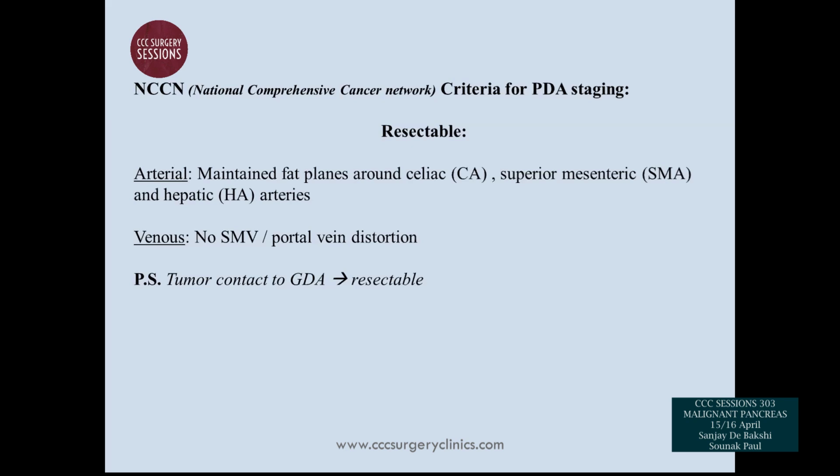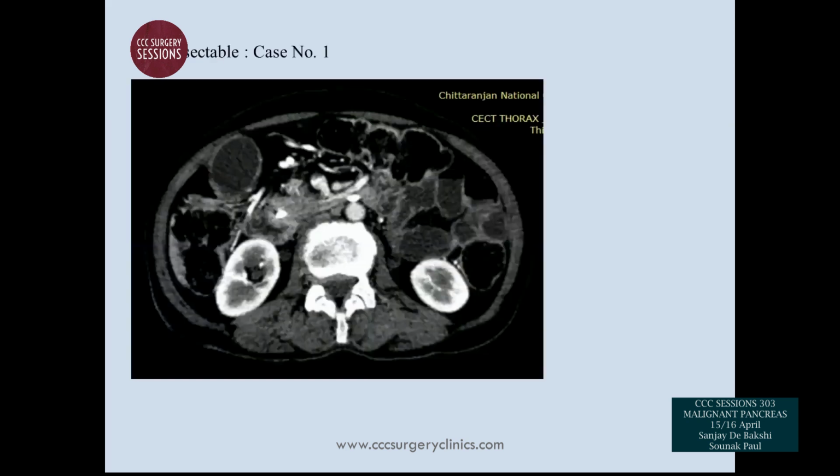Also, the superior mesenteric vein and the portal vein are not distorted or involved by the lesion, and there is an adequate intervening fat plane so that there is scope for an adequate resection margin along these vessels. However, if the gastroduodenal artery is encased by a tumor, with the other mentioned arteries not in close proximity to the tumor, the lesion is still resectable.